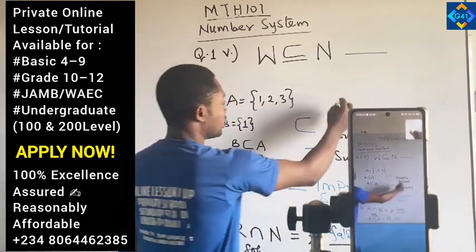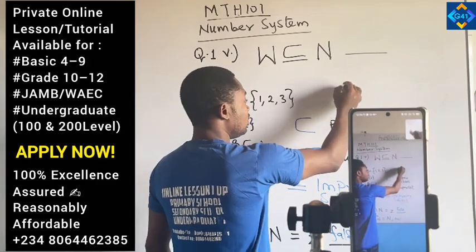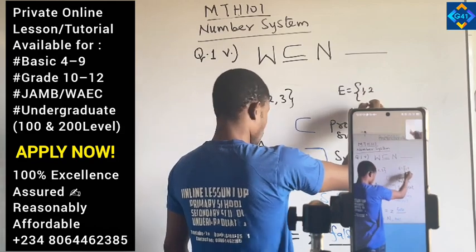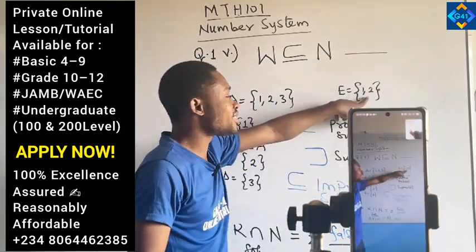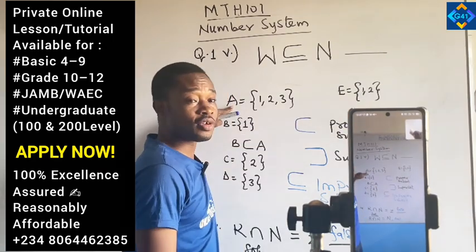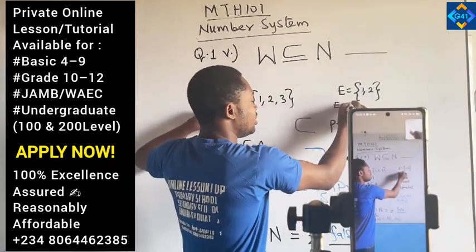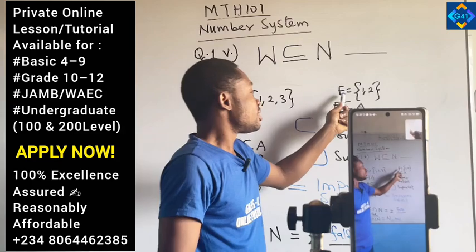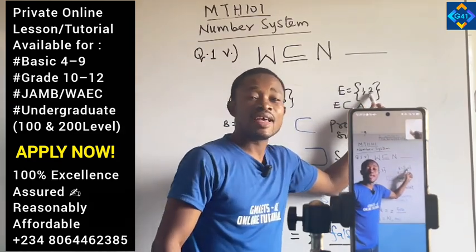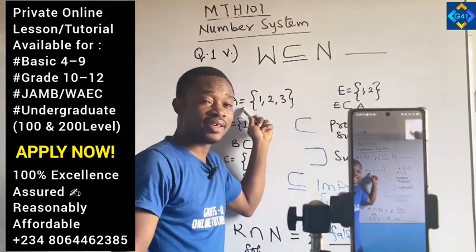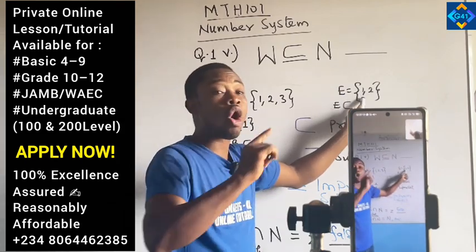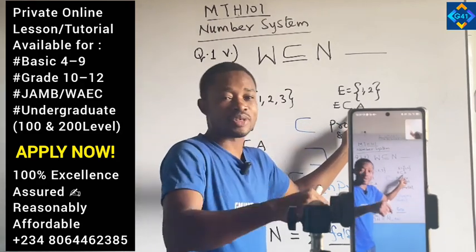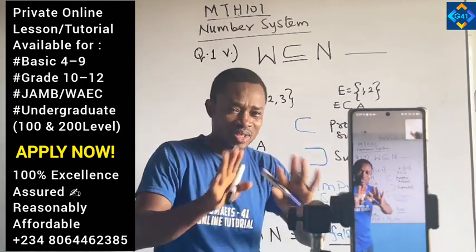Now look at this other one. Let me give you set E, and here I'll pick {1, 2}. This set E is also a proper subset of A. I can say that E is a proper subset of A. The reason, once again, is that set E contains some elements that are inside A, but not all the elements. So we say that E is a proper subset of A. Does it make sense to you?